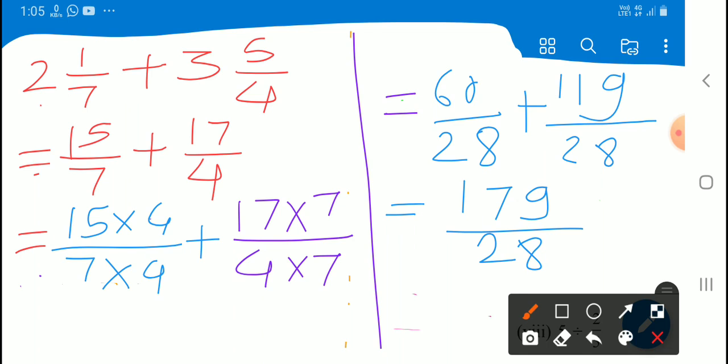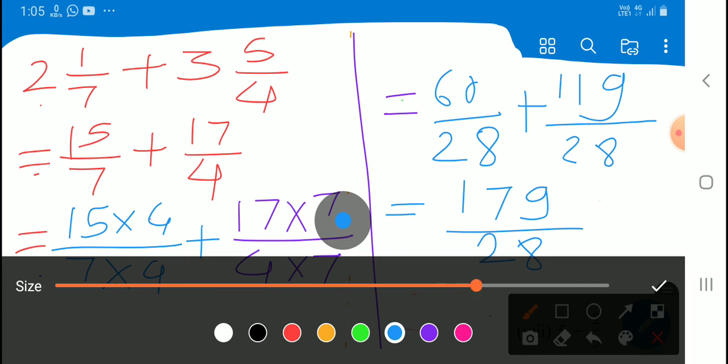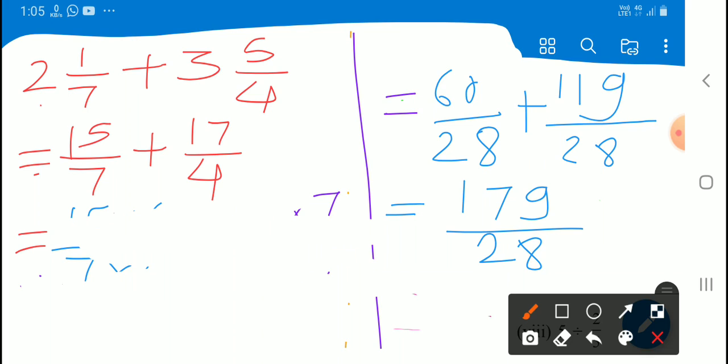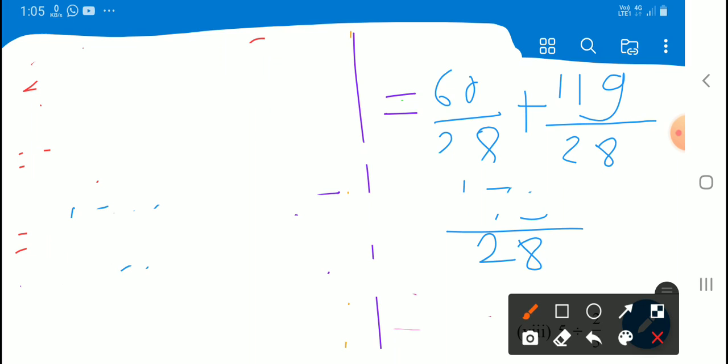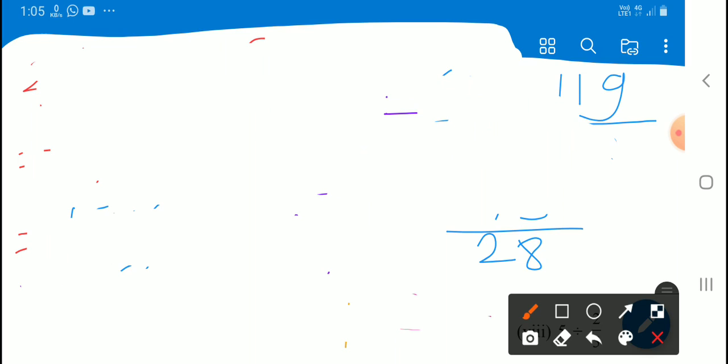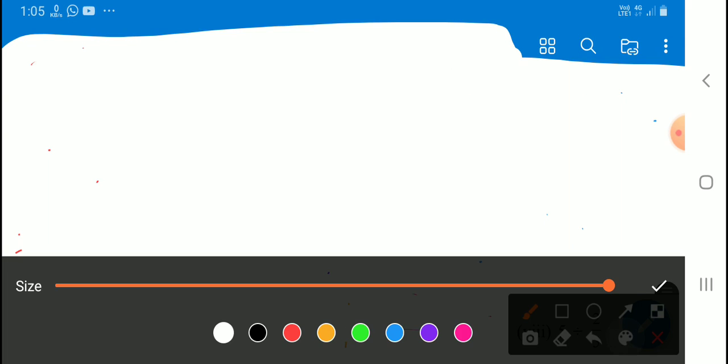Now we'll see the example of subtraction. Subtraction of rational numbers. Here also we have to do the same way. Suppose the denominator is equal, then we just have to subtract the numerator. I will show you how to solve the examples.